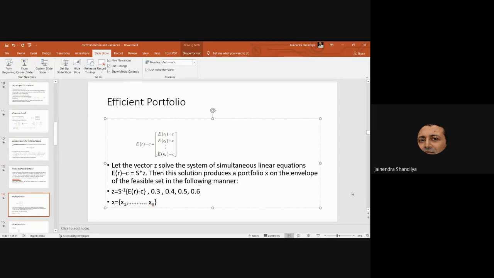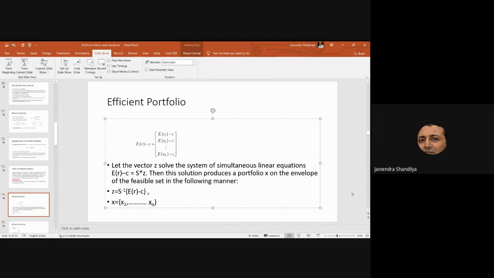So 0.3 upon 1.8 will become x1. 0.4 upon 1.8 will become x2, and 0.6 upon 1.8 will become xn, and then you get the portfolio X, which is what we are looking for. Once you have this portfolio X, you have got the one envelope portfolio.